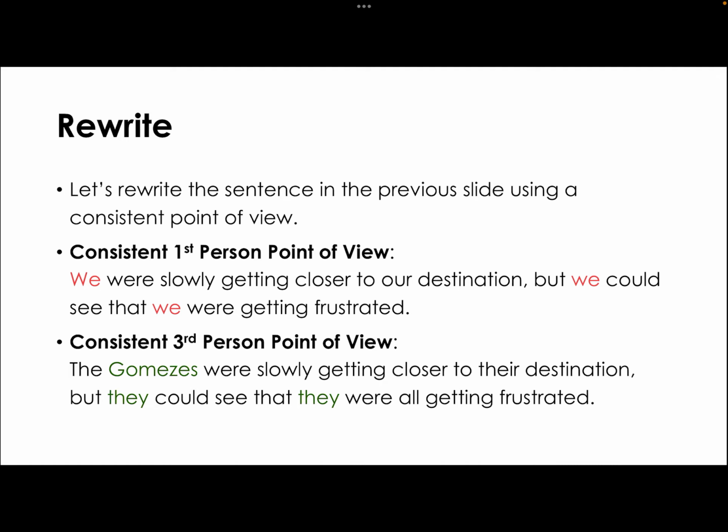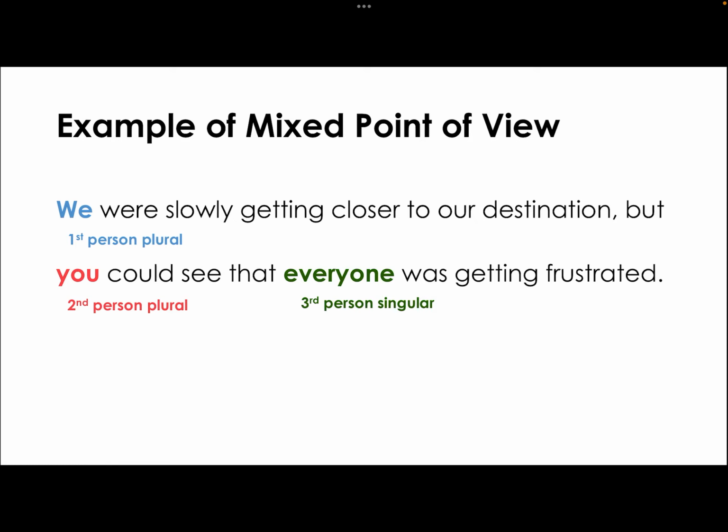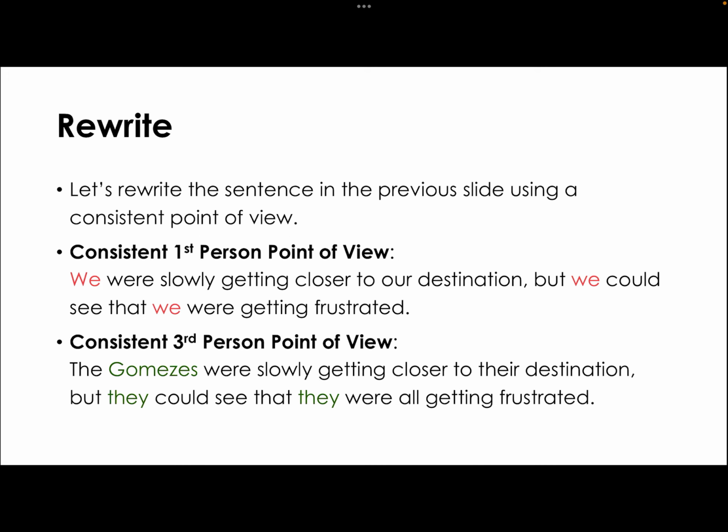So let's rewrite the sentence in the previous slide using a consistent point of view. Here, we had three different types of persons. We have all first, second, and third person in this sentence. But here, we're going to choose either first person or third person.